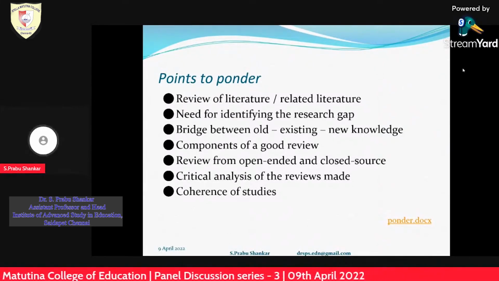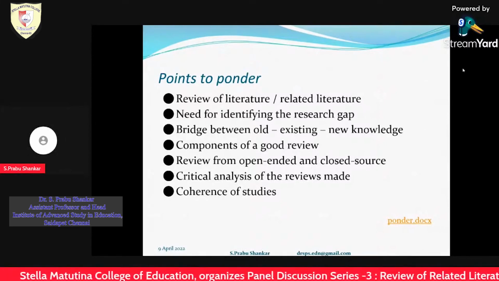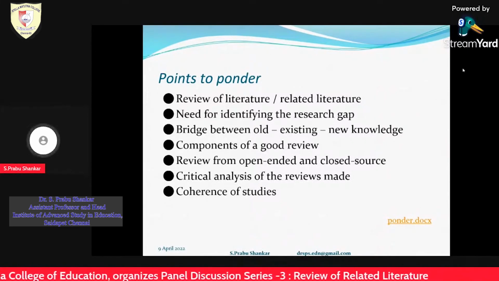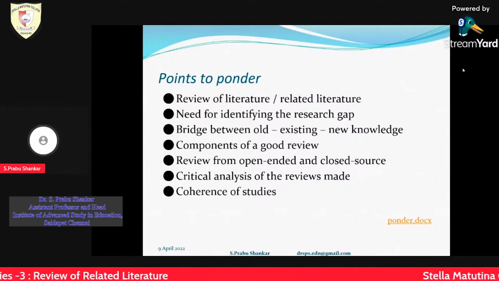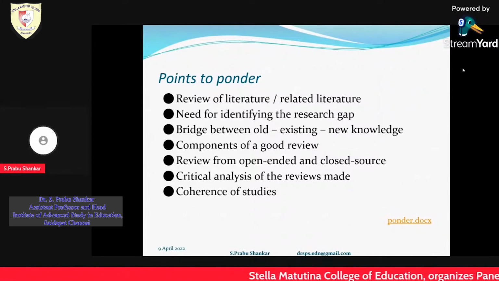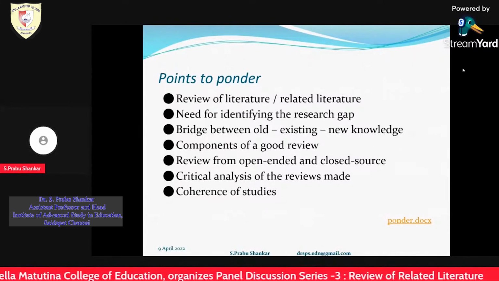So literature reviews really help us in identifying the research gap, irrespective of the area that we decide or select. Because some research scholars or research guides will insist on selecting the title and then going for review, but some research guides will insist on going for literature first, and then they will suggest to select the title.